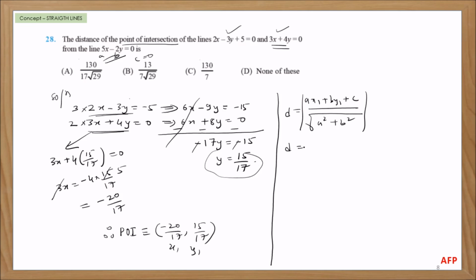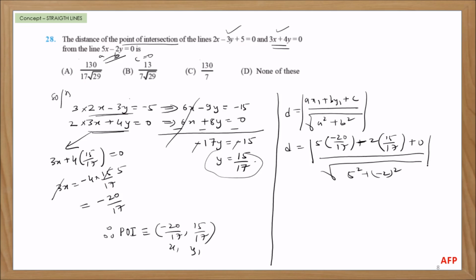We'll substitute in this. a is 5, x1 is minus 20 by 17, b is minus 2, y1 is 15 by 17, plus c is 0. So square root of 5 square plus minus 2 square we are having.